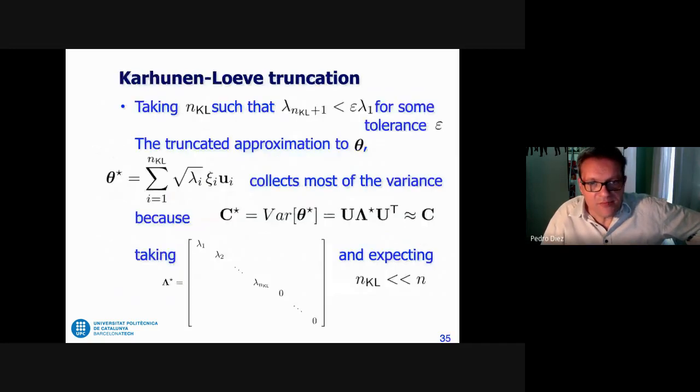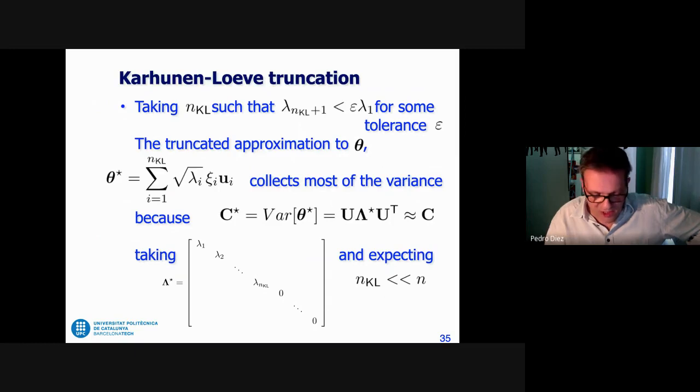Then, as we do in PCA, we realize that if the eigenvalues are decreasing very fast, taking a reduced number of them is sufficient to represent properly the variance of the variable.